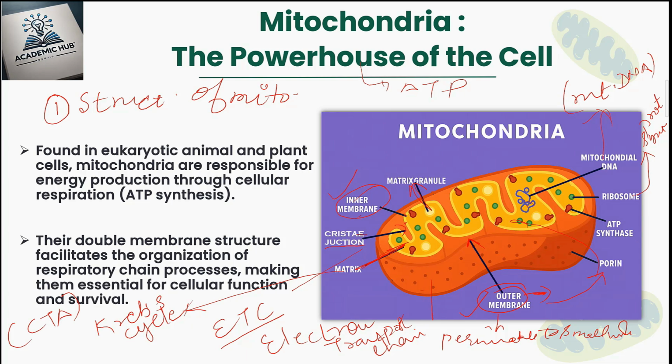It is a key step in cellular respiration. Now the last is the intermembrane space. As I already stated, the space between the inner membrane and the outer membrane is known as the intermembrane space. It plays an important role in the movement of protons, helping establish the proton gradient for ATP production.